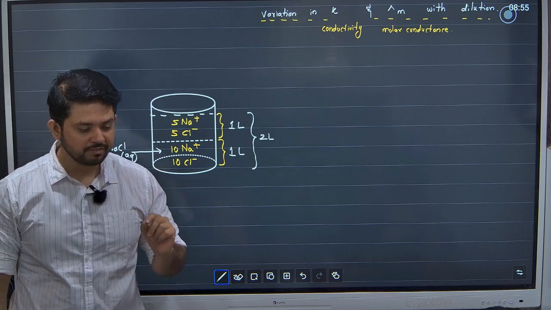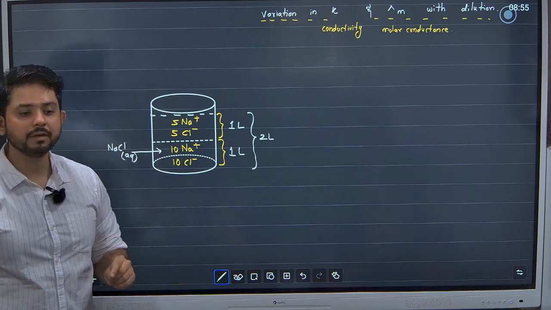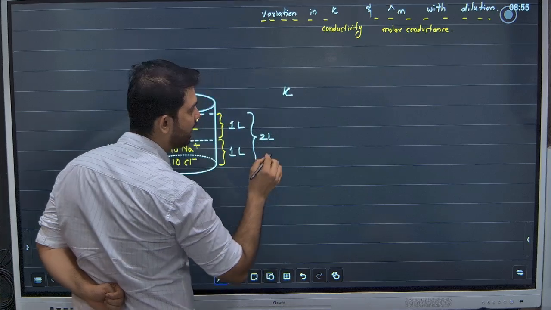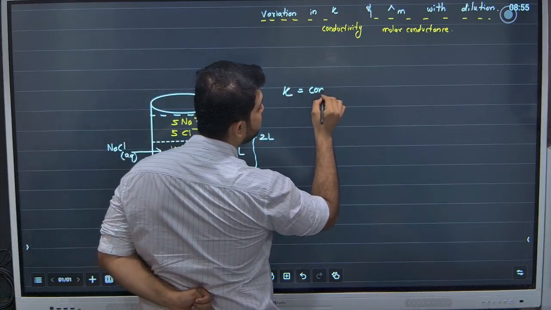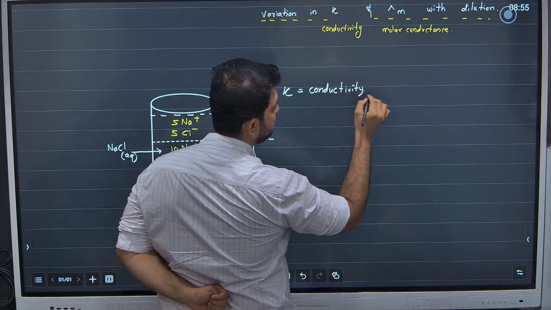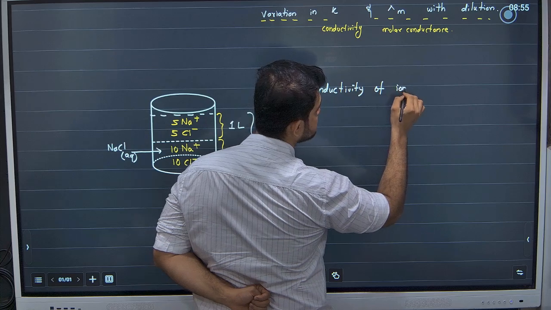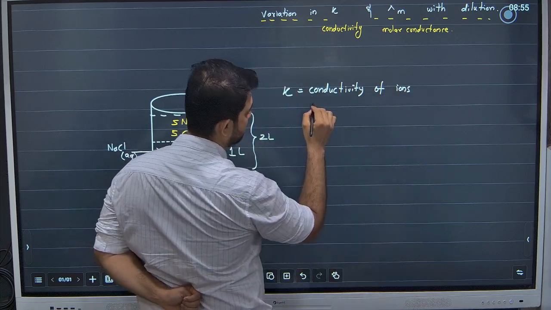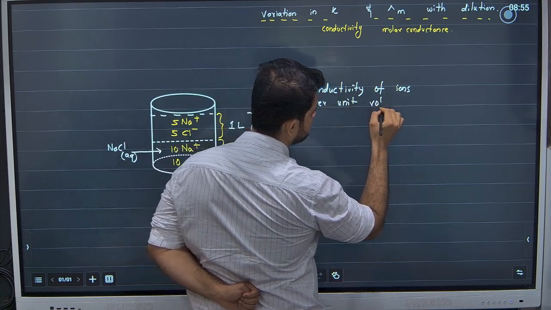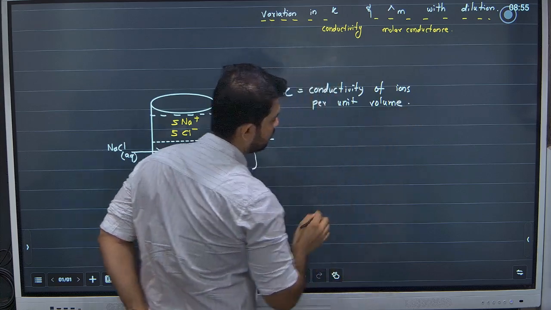But if I look at kappa, how do you define kappa? Conductivity को कैसे define करते? It is the conductivity of ions per unit volume. I repeat, it is the conductivity of ions per unit volume.